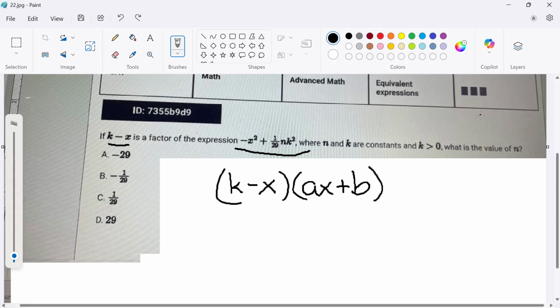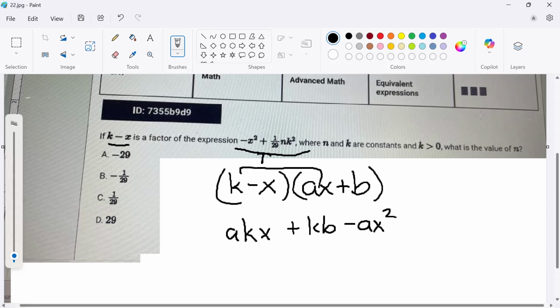All right, so let me multiply this out and then compare it to the original expression given. First times first, akx. Outside, outside, I'm doing FOIL, plus kb. Inside, inside, negative x times ax is negative ax squared.